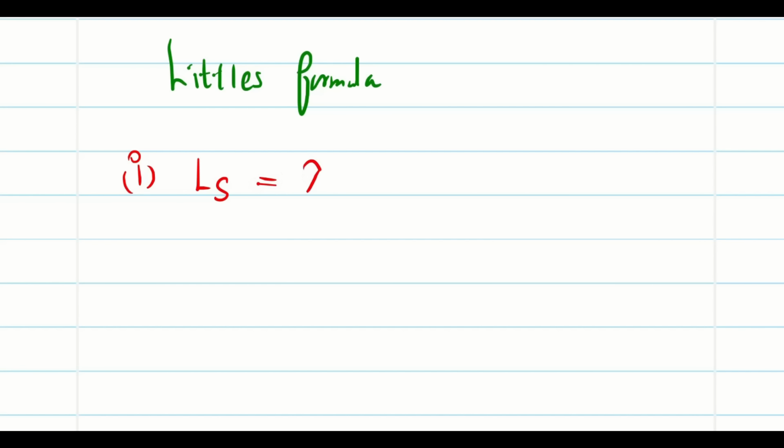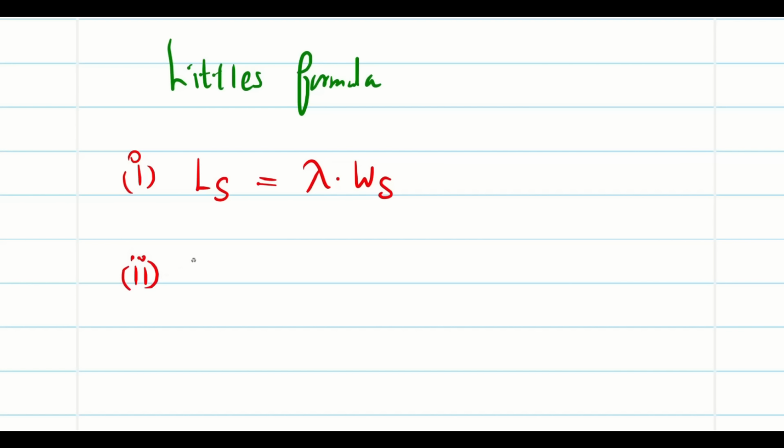The next one is Little's formula. This Little's formula is only for MCQ purpose, because for solving the problem I am going to use a different technique, a different formula. So let us learn Little's formula. LS, how to find LS? It is simply lambda into WS.